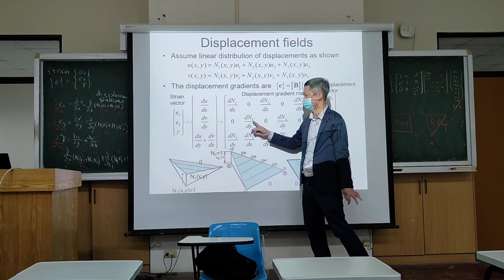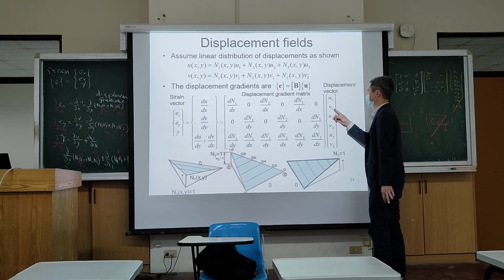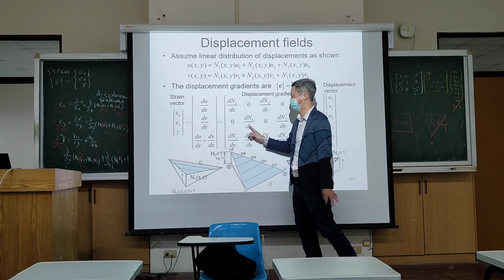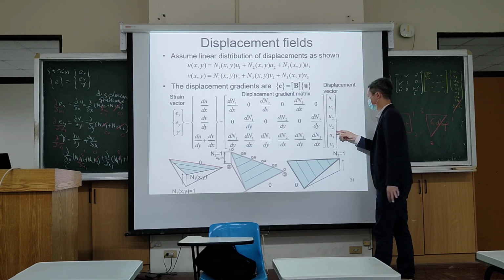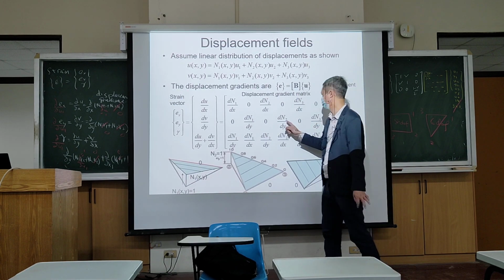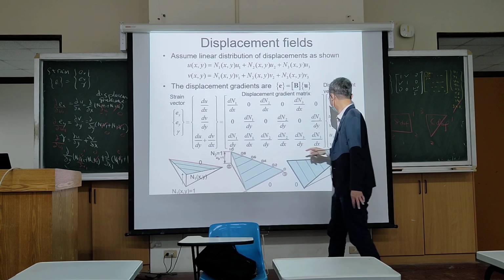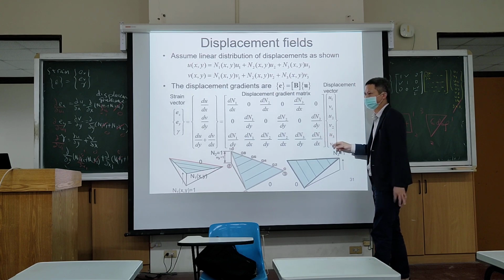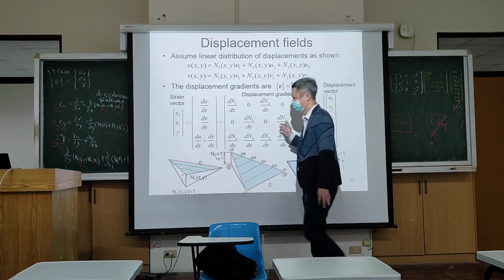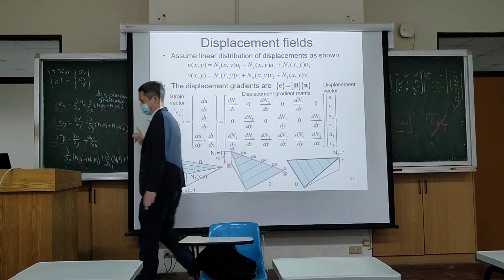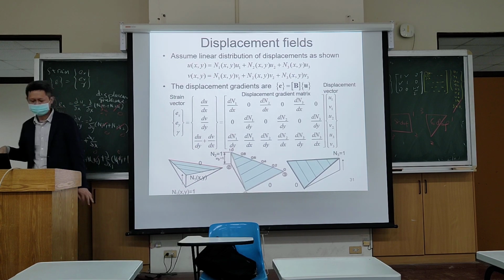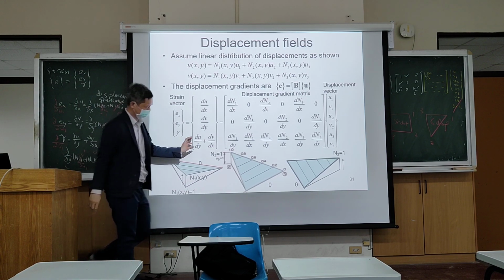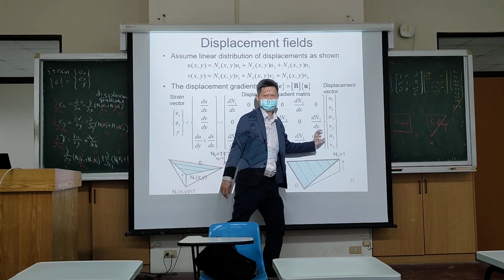In that case, you have contribution from v1 times del N1 del y, from v2 times del N2 del y, and from v3 times del N3 del y. They are going to have 0 contribution from u1, u2, u3 to the vertical strain. And then the last row is the shear strain.